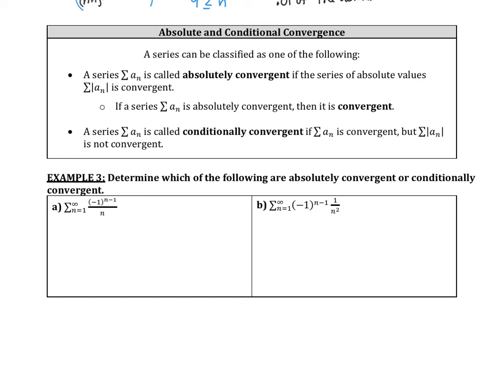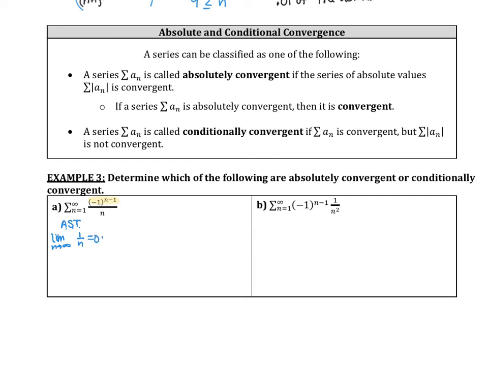So, first of all, I see it's an alternating series, (-1) to the n minus 1. So I know it's alternating, so I can use the alternating series test. So my alternating series test says, is it alternating? Yep, we've got that. Is the limit as n approaches infinity of the series without the alternating part equal to 0?